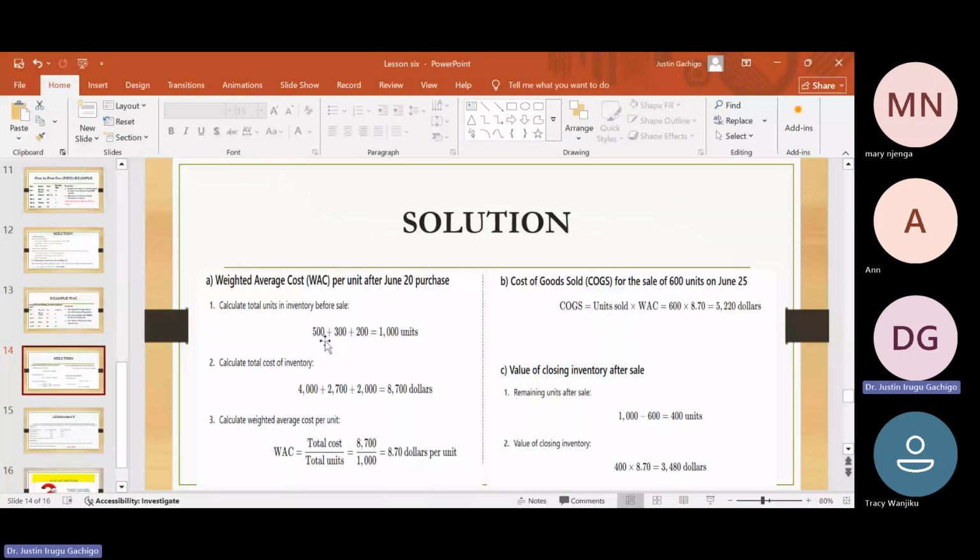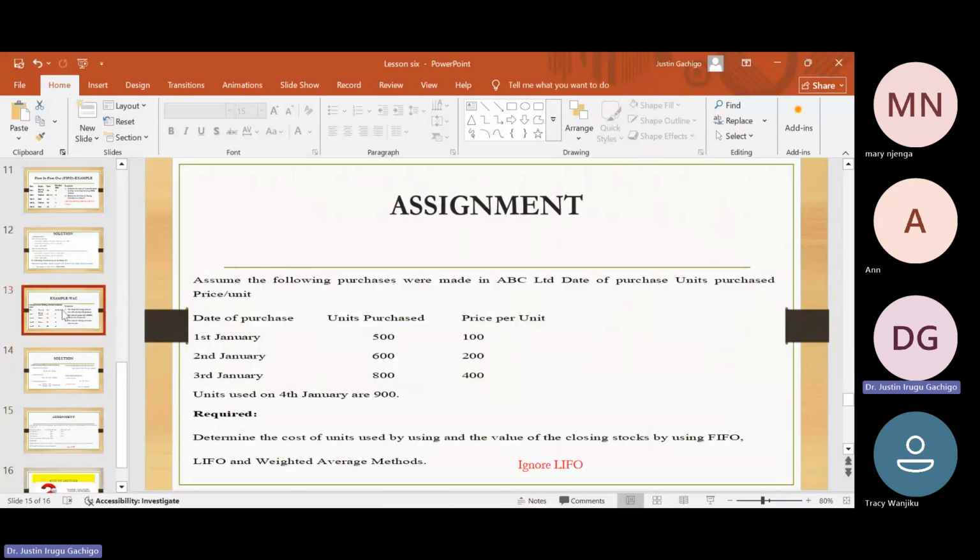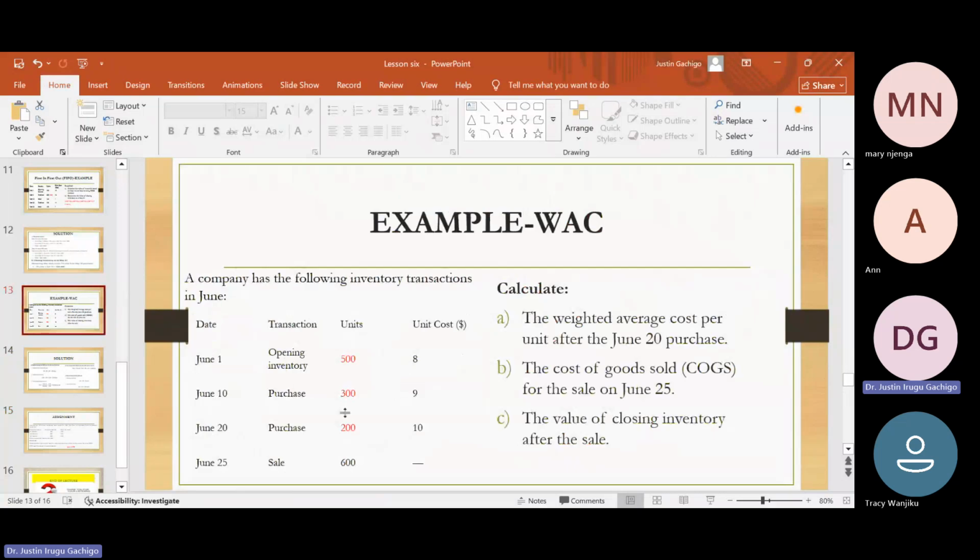The first one is to get the total units in the inventory before sale, which is 1,000 units. The second one, calculate the total cost of the inventory: 500 multiplied by 8, 300 multiplied by 9, 200 multiplied by 10.